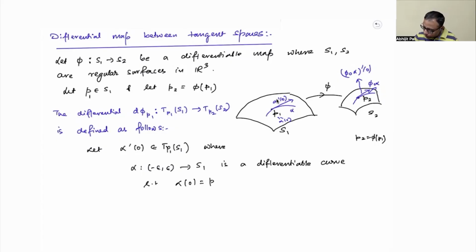Okay, so d phi P1 of this alpha prime 0 by definition is the derivative of this phi compose alpha at the point 0. Okay, so this is my definition of this differential.